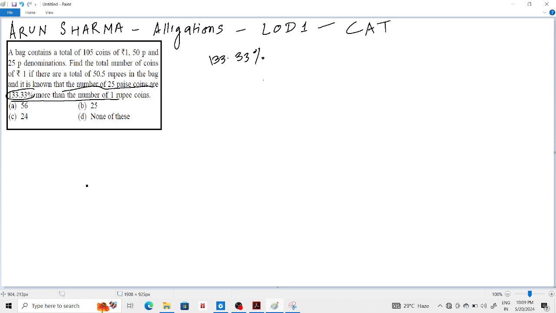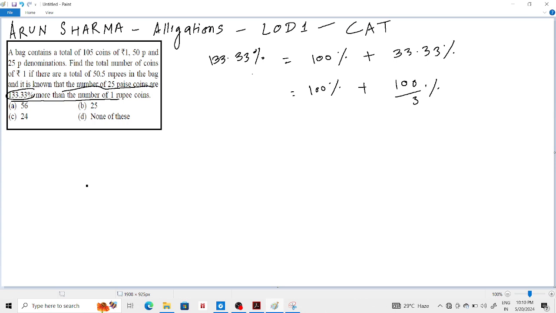However, we can use some intelligence, some shortcuts, some more insight of the percentage chapter, and we can break this percentage. So this can be broken as 100% plus 33.33%. We can easily do that. If you slightly notice it, 33.33% is nothing but 100 by 3%.